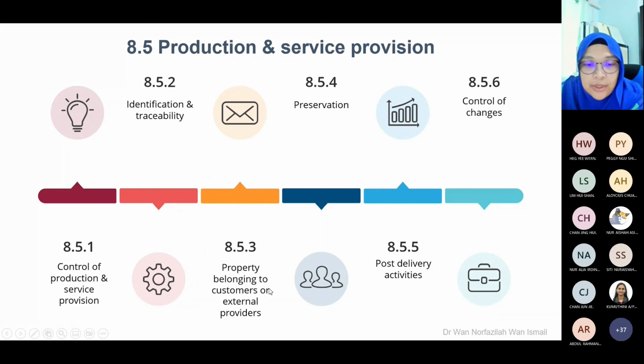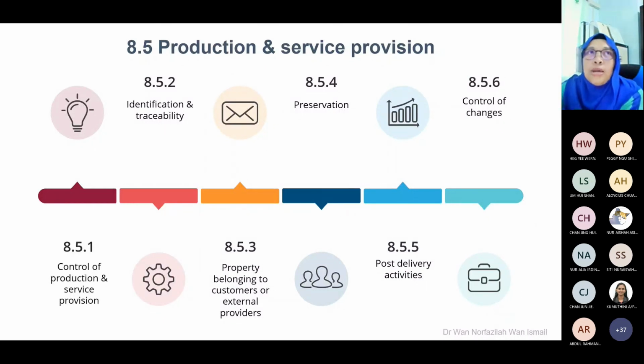8.5.3, property belonging to customers or external providers. This one is similar to the previous topic that we discussed last time. Okay, so how you control, how you take care of the property belonging to your customers. This one is usually for calibration lab. When your customers send their equipment or apparatus to your lab and ask you to do calibration.